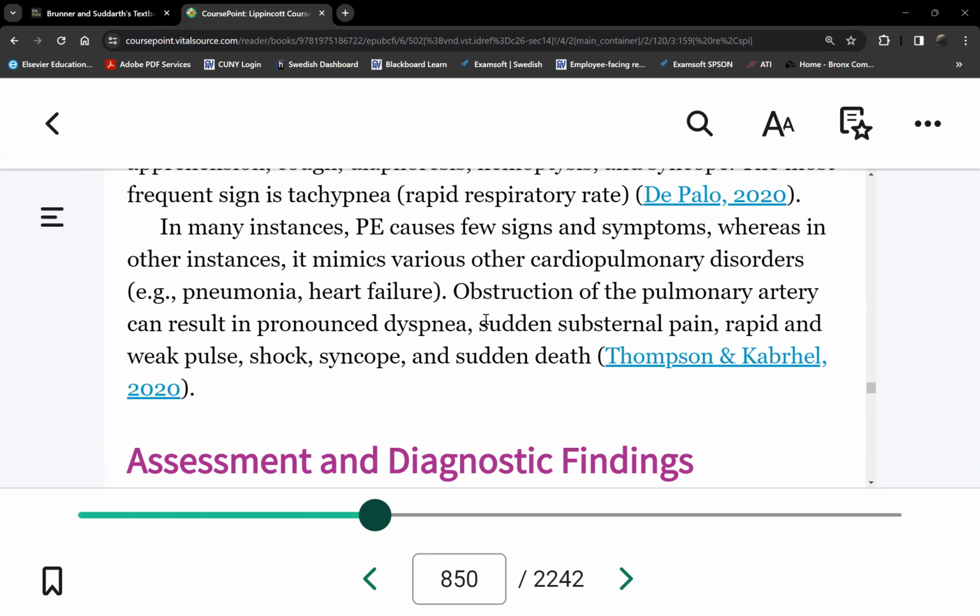Sometimes they'll wait for the D-dimer to come back. Sometimes if they really suspect, they look at the patient's risk factors. Oh, bedridden, smoker, has cancer. Okay, so they have one or more of the risk factors listed earlier in their chart 26-3. Yeah, so if they see those, they'll automatically send the patient for a CAT scan.